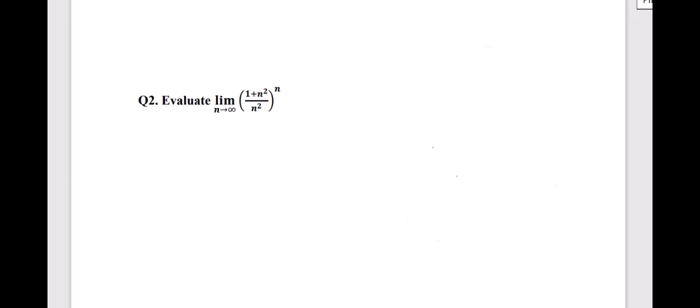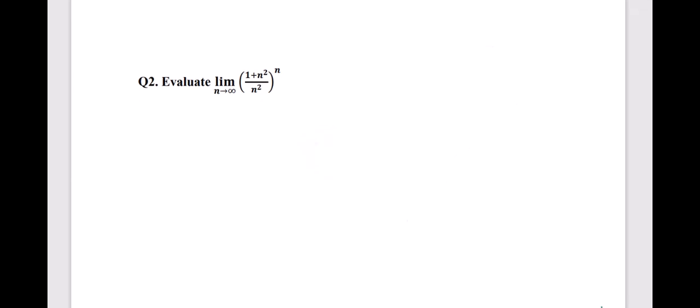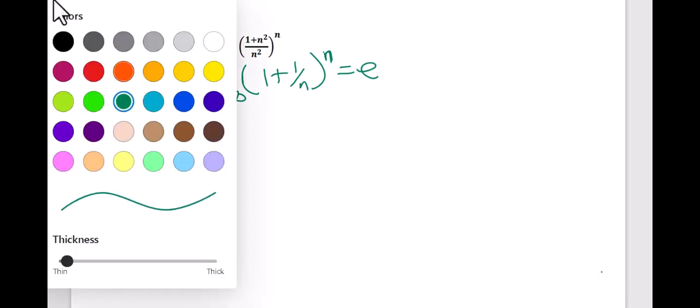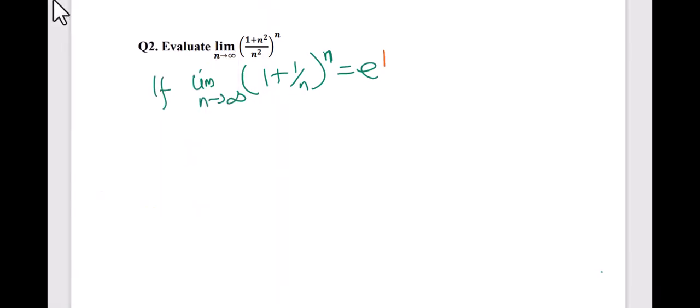But before we do that, we know that all these limits are based on the assumption that the limit as n approaches infinity of 1 plus 1 over n, power n, is equal to e. We know about this assumption, so you keep it in your mind.